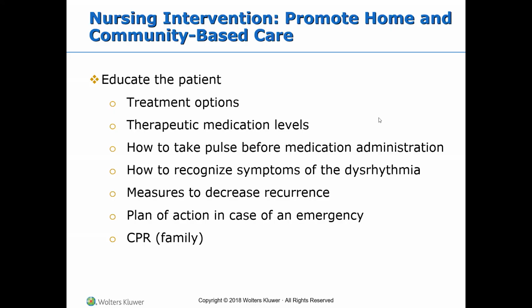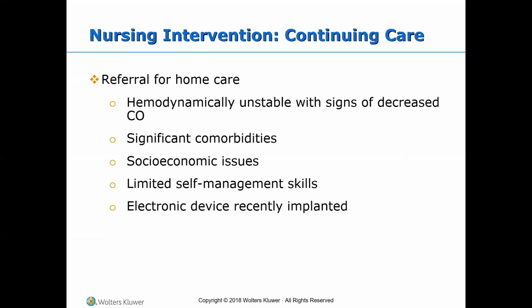So we're going to educate that patient about treatment options, therapeutic medication levels, how to take pulse before medication administration, how to recognize symptoms of the dysrhythmia, measures to decrease the recurrence, and a plan of action in case of an emergency. And we teach patients' families CPR. They may actually save their family member's life.